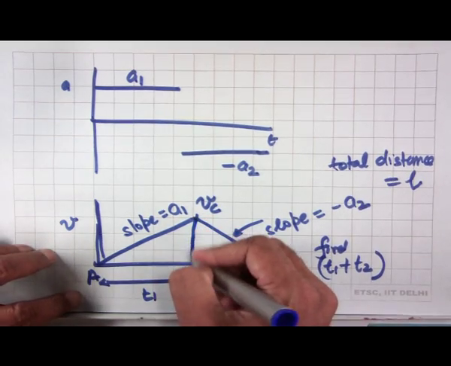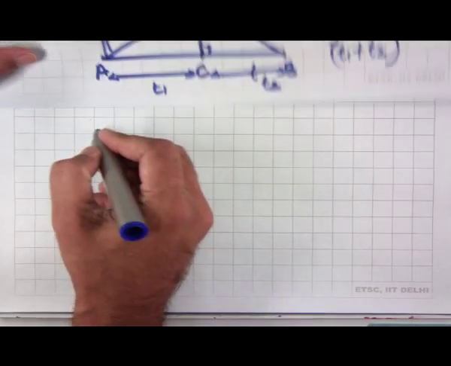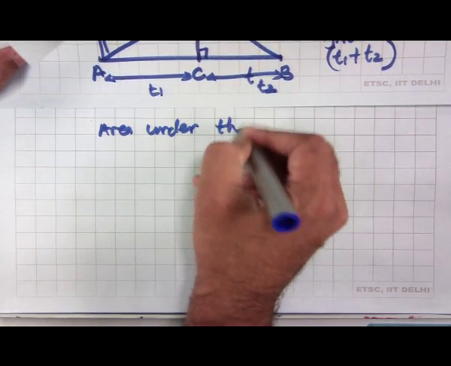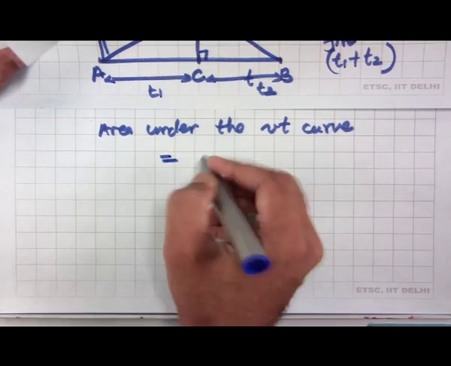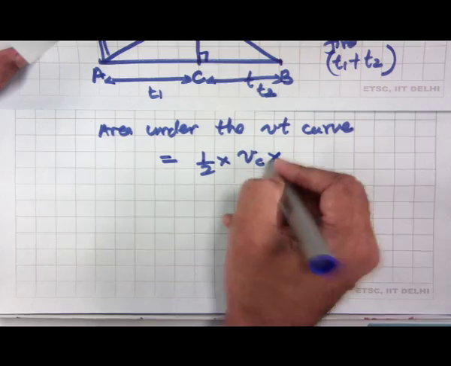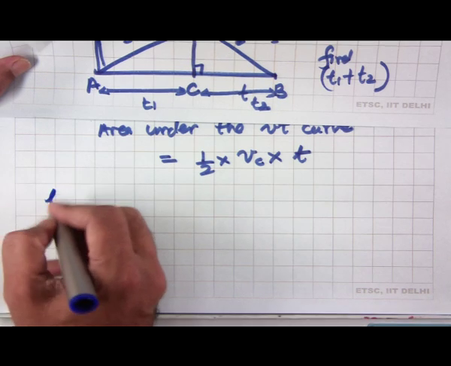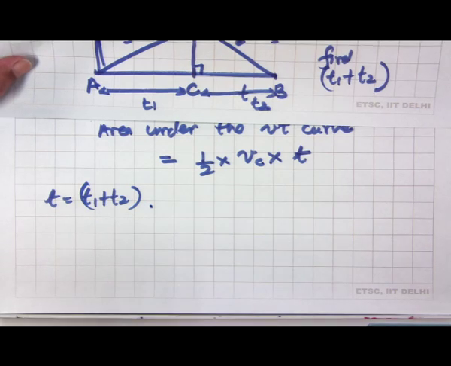If this is Vc and we drop a perpendicular from here, the area under the Vt curve will be equal to half multiplied by Vc multiplied by t, where t is equal to T1 plus T2, the total time.